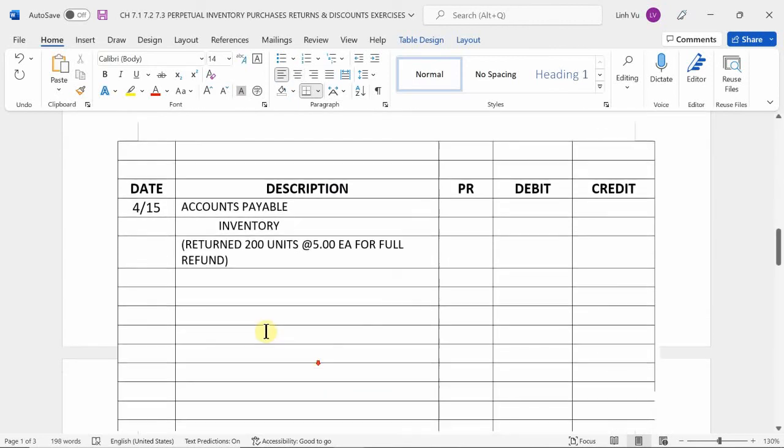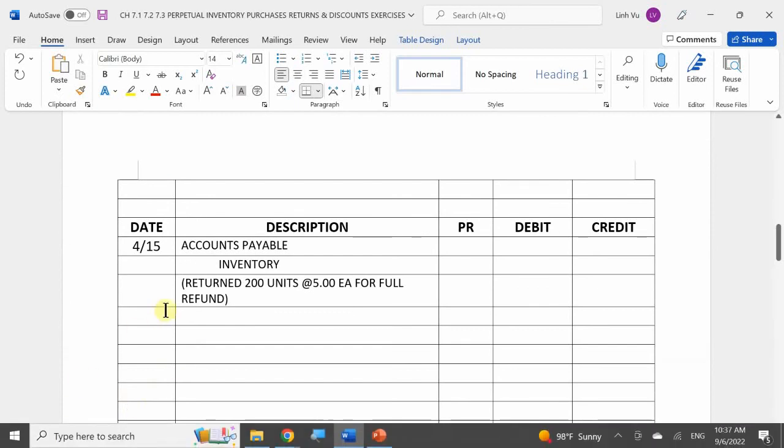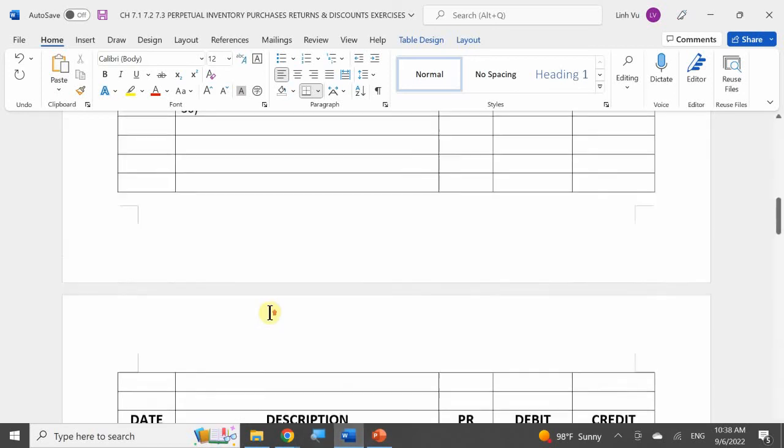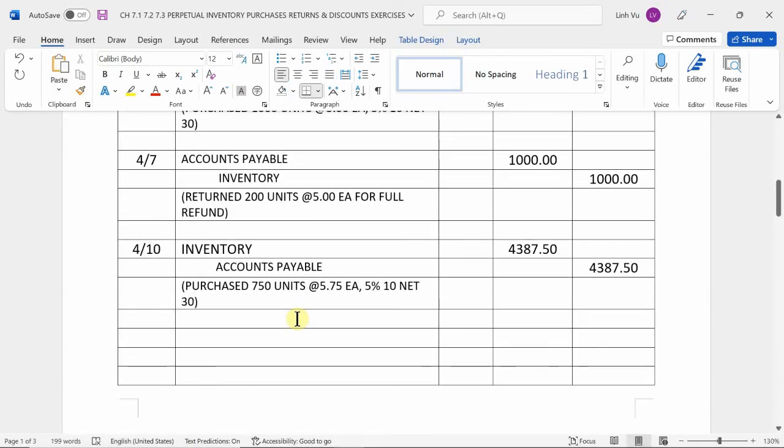And what are we going to do? We're going to return 50 broken units, right? And they cost me $5.75 each, right? Because in this case, it's a few days later.